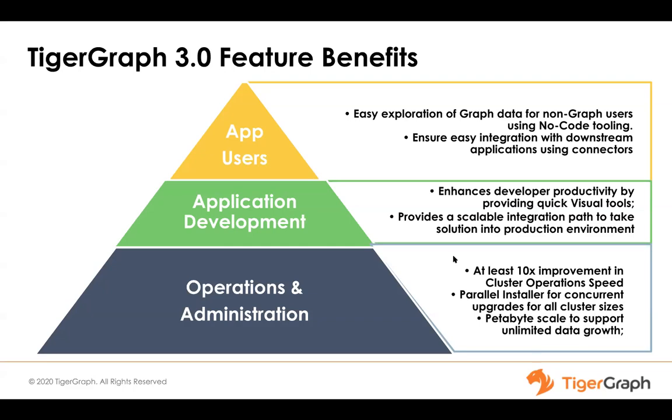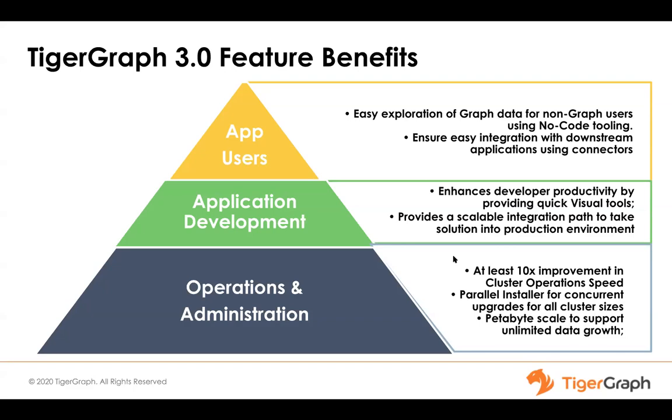Our focus on the platform has been to make the operations overhead as small as possible, and also to inject performance improvements into common day-to-day operations. That way, TigerGraph runs like a finely tuned machine, with as little extra overhead as possible.